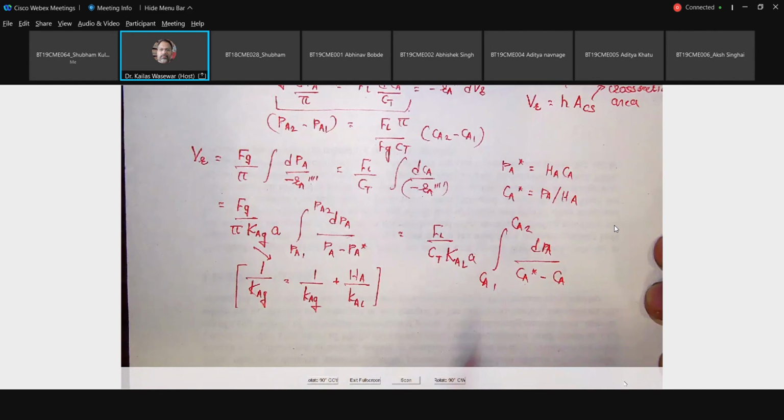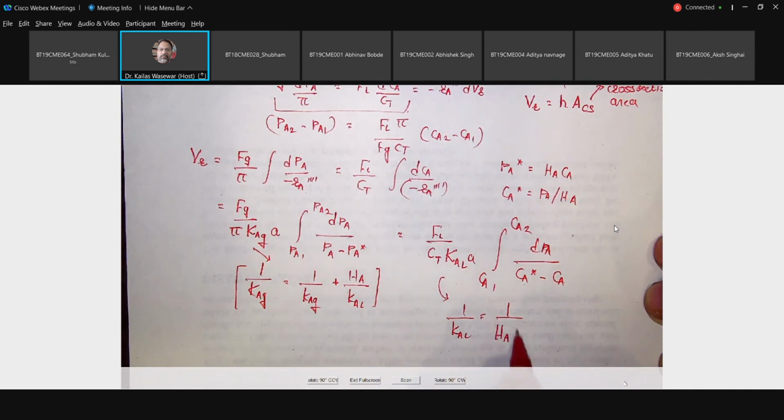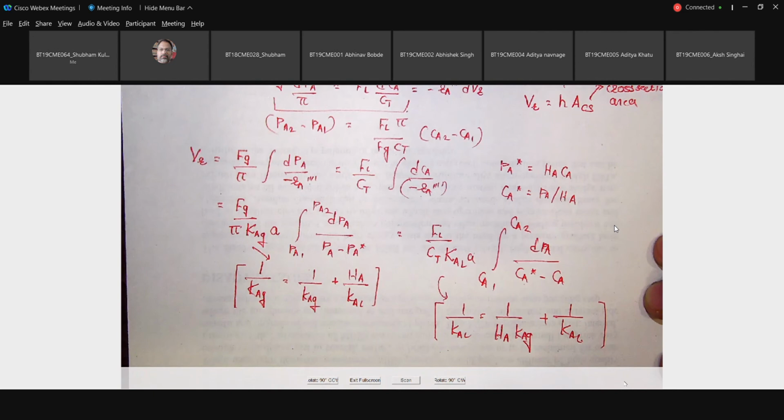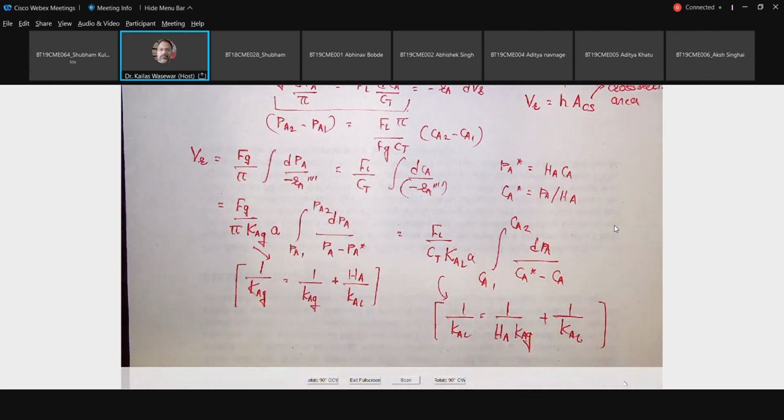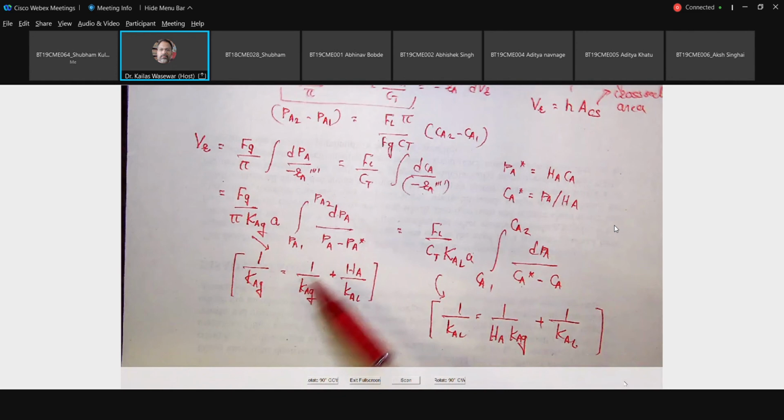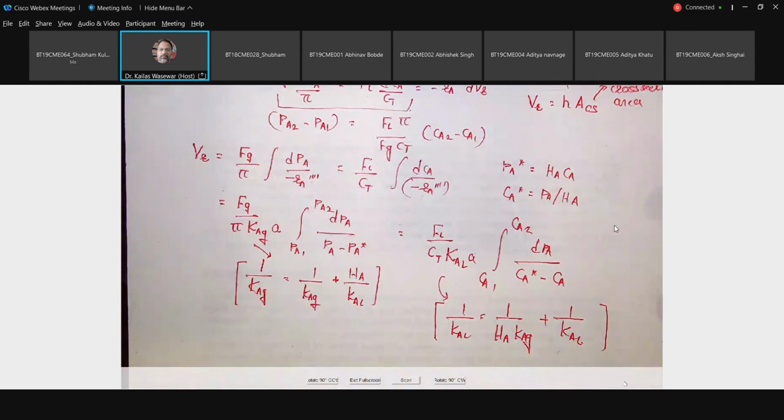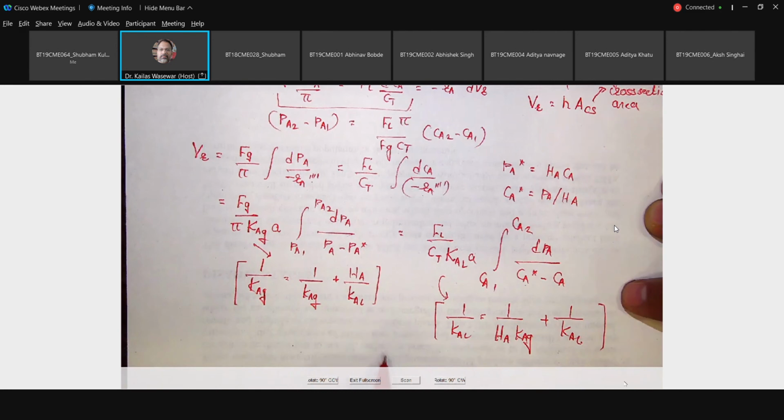And this KL is equal to 1 upon HA into Kag plus 1 upon KL. So this is based on the liquid film. These will be the equations, and you have studied this in your mass transfer course. It is just a revision.